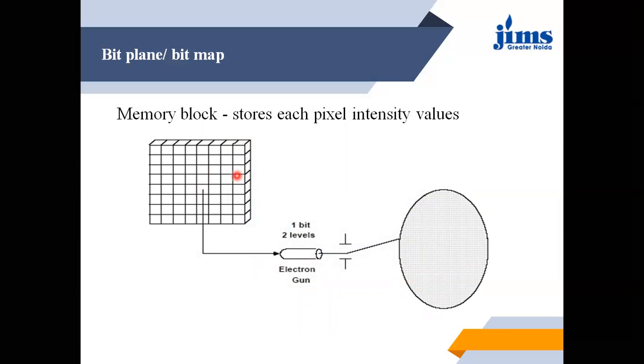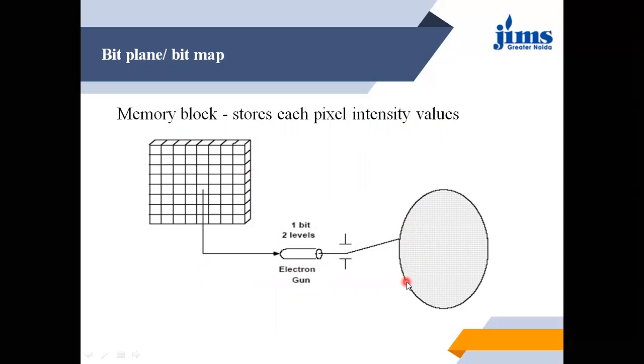Bit panel, bit plane, or bitmap. This is the collection of the bits, a memory block, that stores the intensity value of each and every pixel.